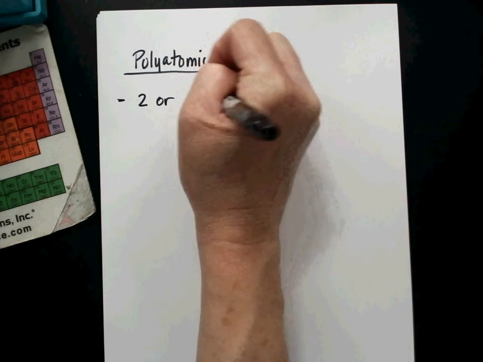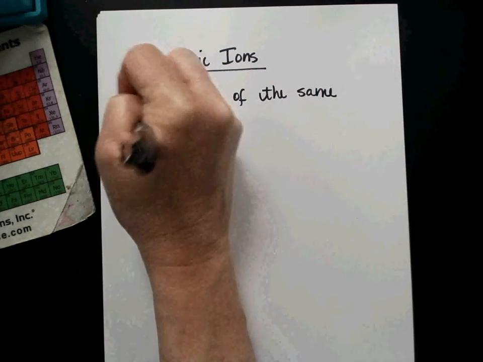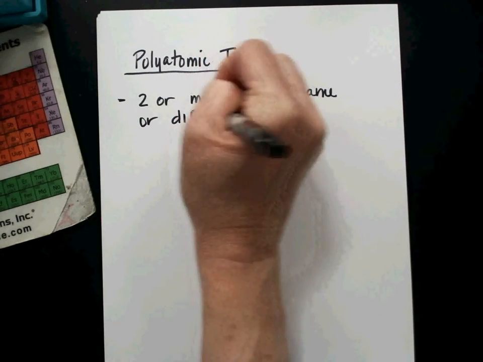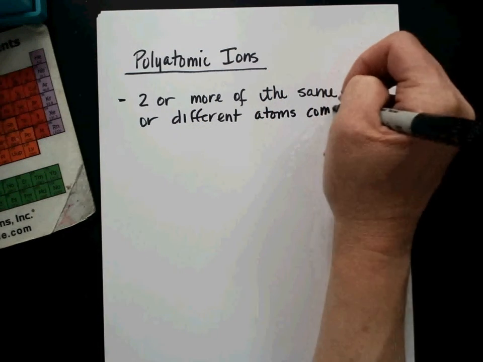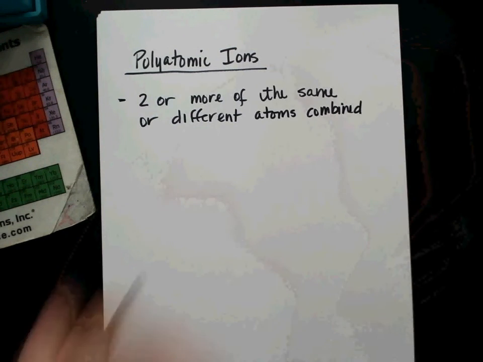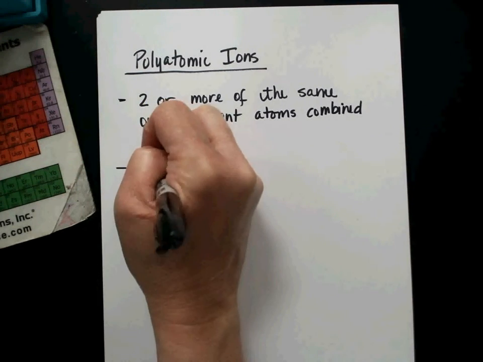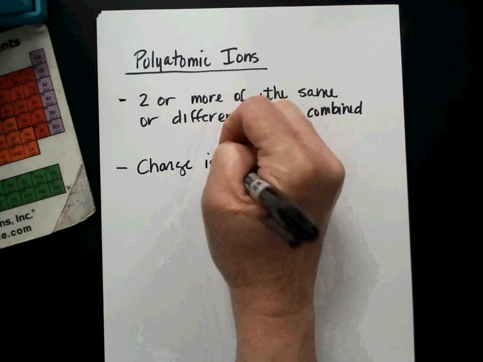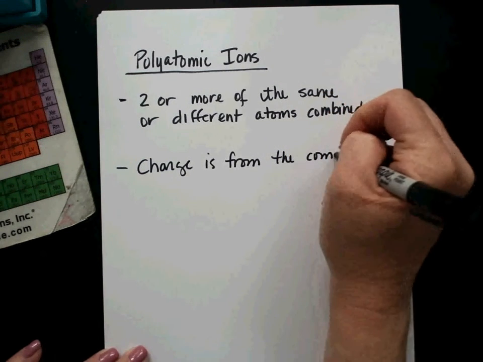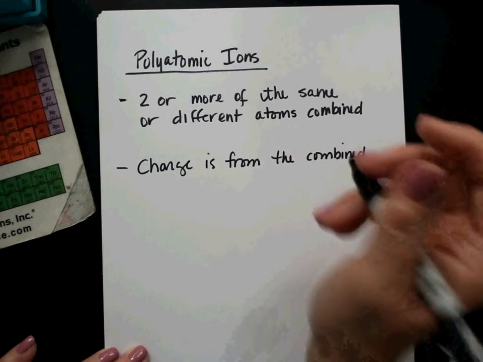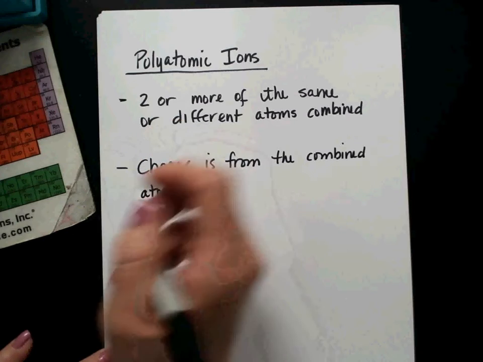These are two or more of the same or different atoms combined. The charge on them is from the combined atoms. So each part of it doesn't have an individual charge. It's the charge on the whole thing.